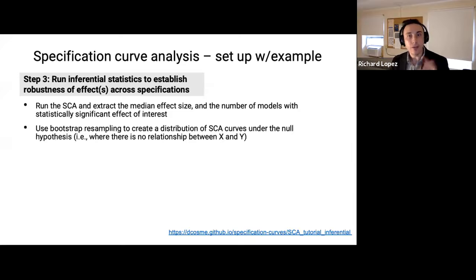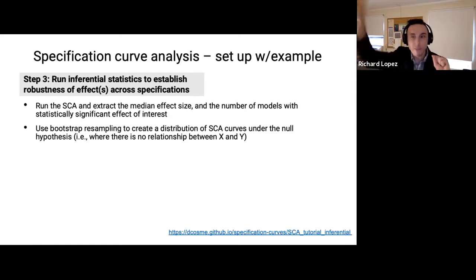But importantly, because we're not doing traditional NHST, we're not comparing the inferential stat with the idealized hypothetical distribution of sample means. Here, we actually need to create a distribution of SCA curves under the null hypothesis. So you remove any association between X and Y to generate your null distribution.